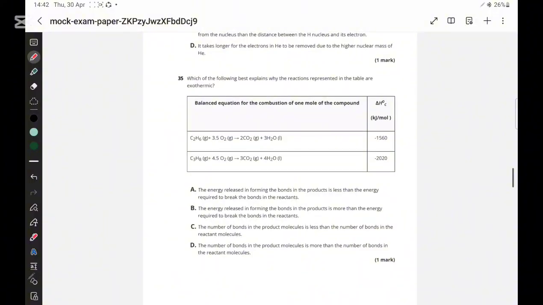Moving towards the next question: which of the following best explains why the reactions represented in the table are exothermic? For an exothermic reaction, the energy released during bond forming is greater than the energy absorbed during bond breaking.